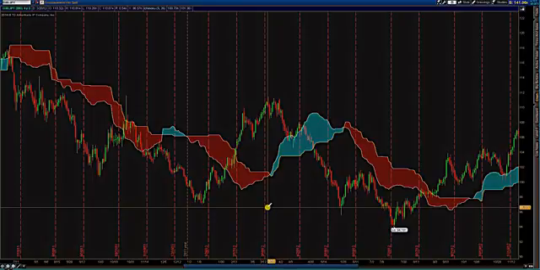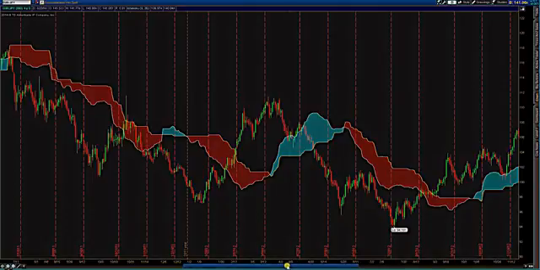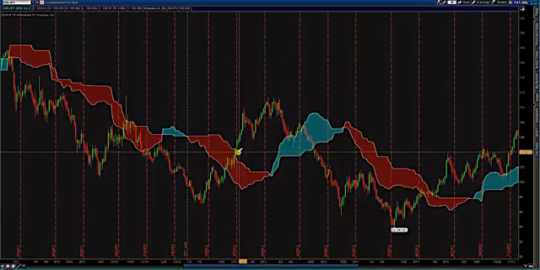Alright, now the main purpose of the Ichimoku is to give bullish and bearish sentiment, trend strength, support and resistance levels, and basically entry and exit signals. So with that being said, when you see the Ichimoku here, what you basically look for is to dictate market sentiment.